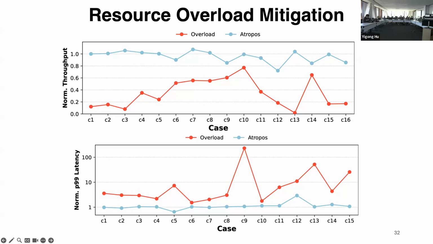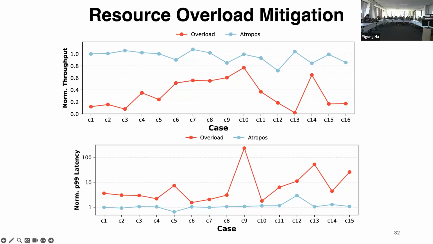But Atropos can maintain the end-to-end throughput higher than 80% for most cases, except one. The reason it's higher than 80% is that by default, we set Atropos to keep the end-to-end throughput higher than 80%. So when it's higher than 80%, it will stop dropping any requests.